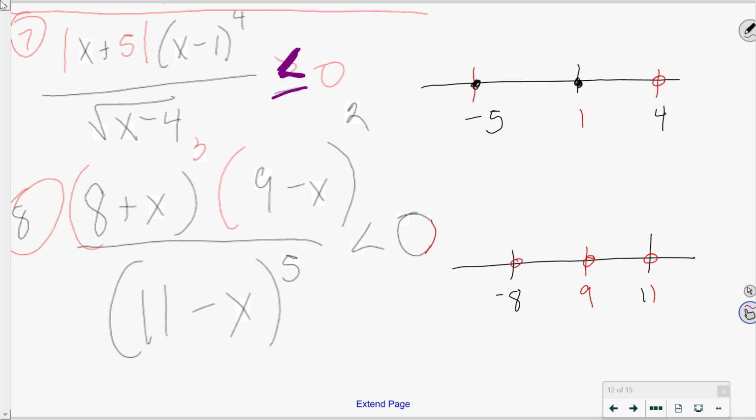Again, least number of sign graphs. That's what I want. Remember, the first one is less than or equal to, I changed it.